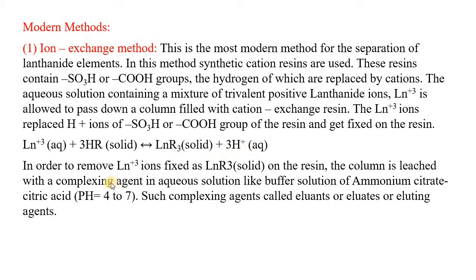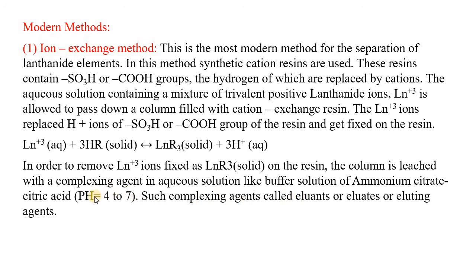We know that lanthanide ions with different sizes have different sticking ability on the ion exchanger, which is packed in the column. In order to remove the lanthanide plus 3 ions fixed as LnR3 solid on the resin, the column is leached with complexing agents in aqueous solution, like buffer solutions of ammonium citrate and citric acid, depending on the suitability.